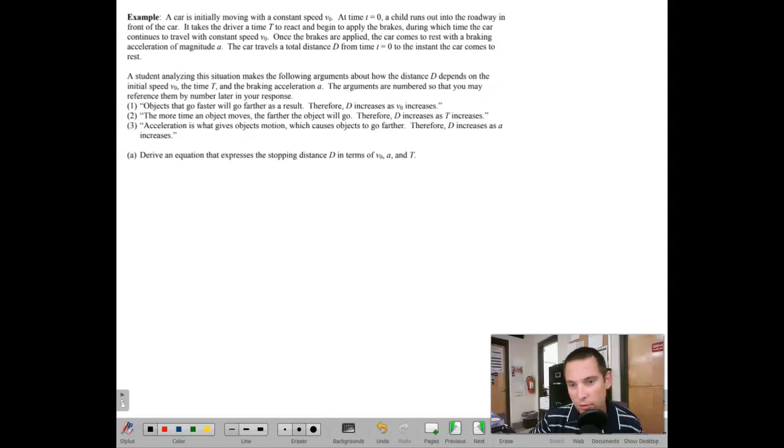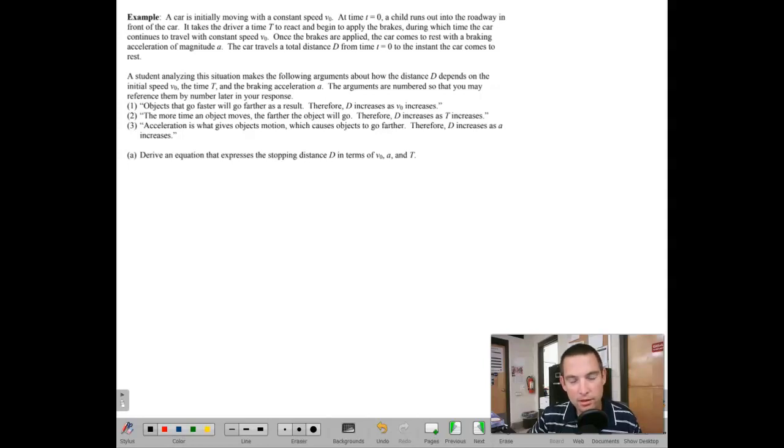Next, the more time an object moves, the farther the object will go. Therefore, big D increases as t increases. Well, what if an object is moving slowly and it's allowed to roll more and more? That one doesn't really hold up. And acceleration is what gives objects motion, which causes objects to go farther. Therefore, D increases as a increases.